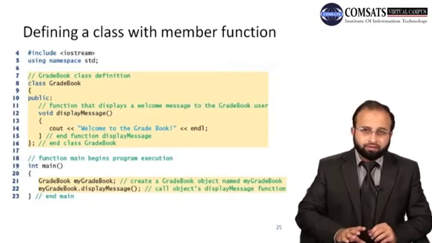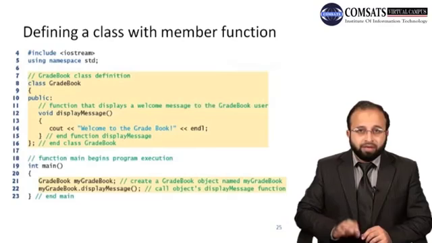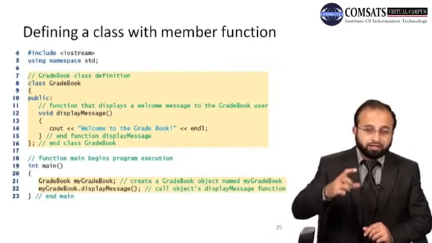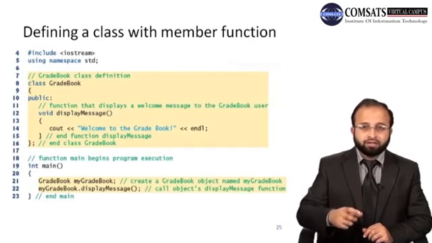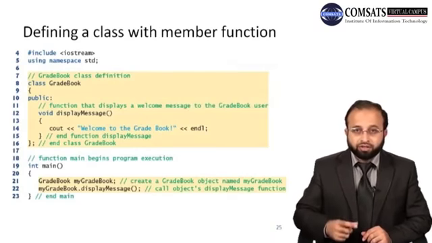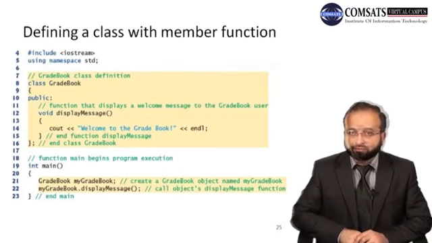Now what is a public function? A public function is a function that can be called, or that can be accessed, using an object of that class outside that class definition. So outside this class definition, let's say inside the main function, you can call the displayMessage function using some object of the GradBook class, right?